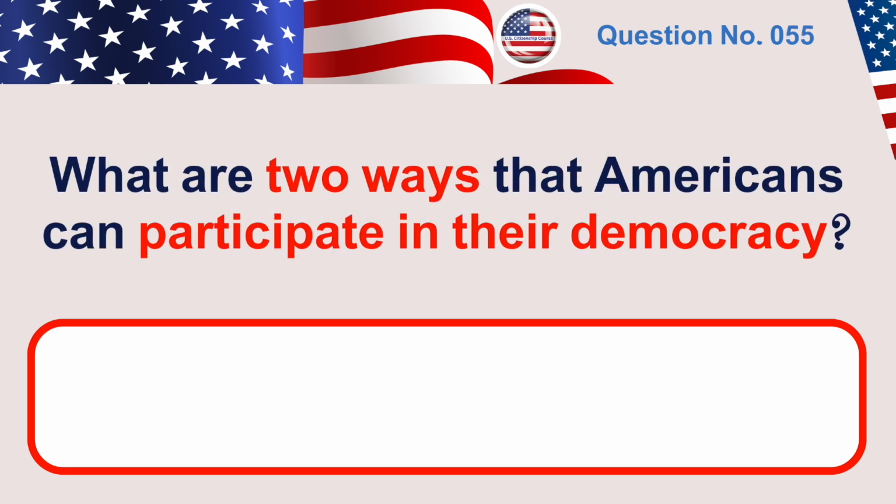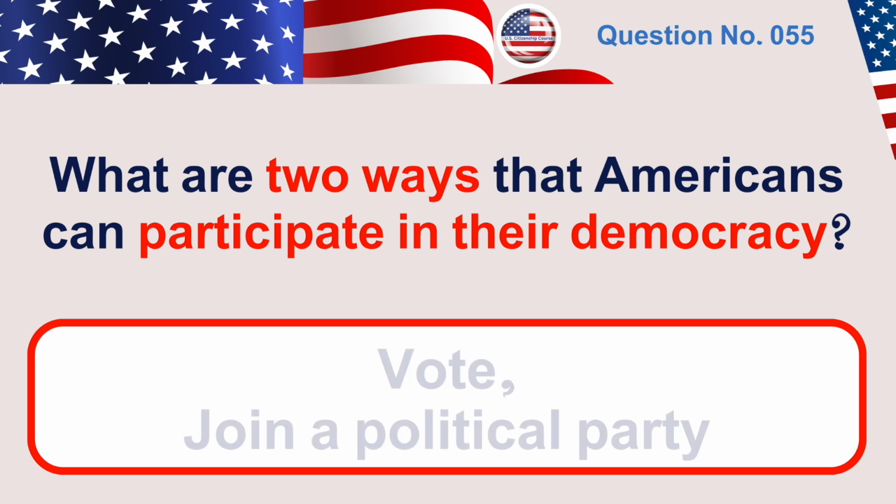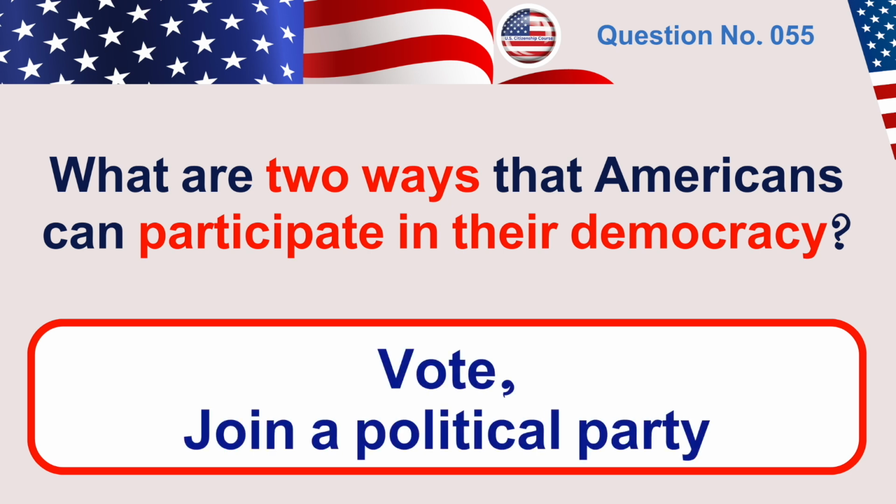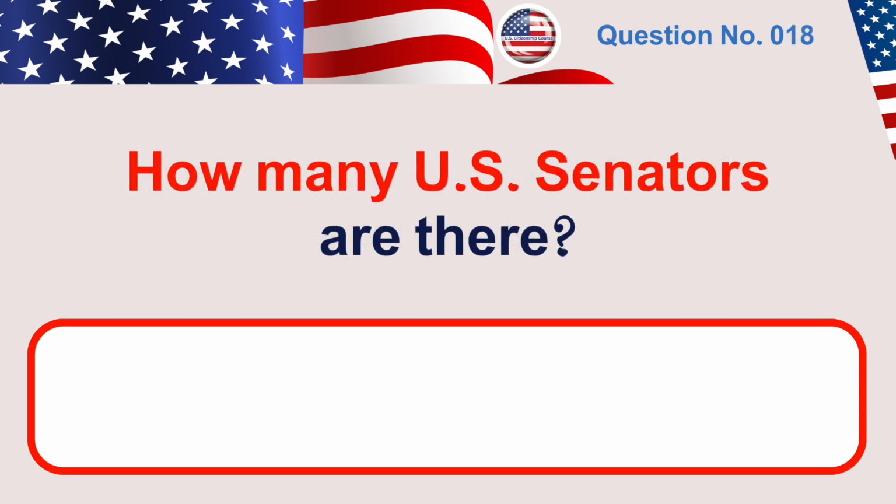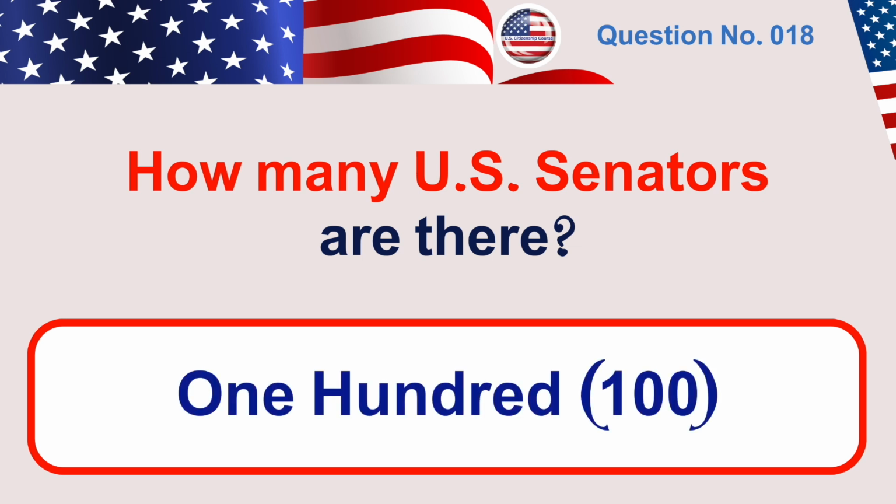What are 2 ways that Americans can participate in their democracy? Vote. Join a political party. How many U.S. senators are there? 100.